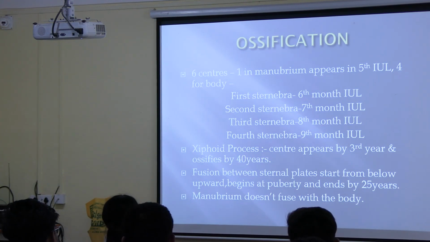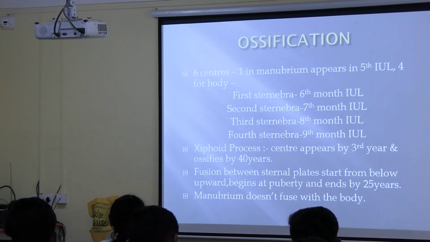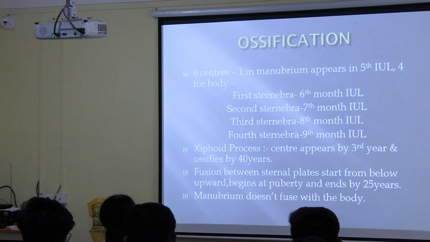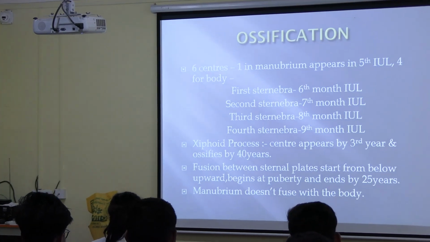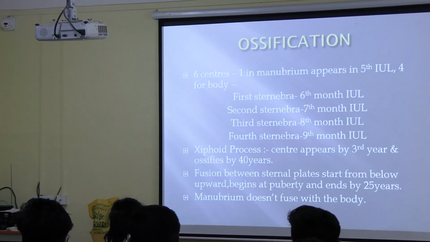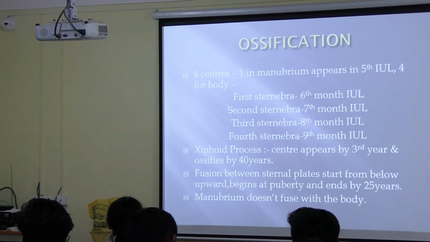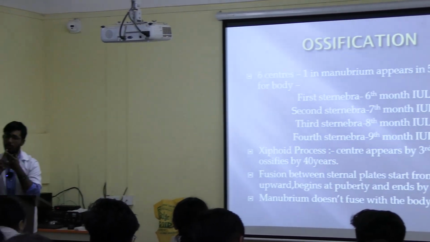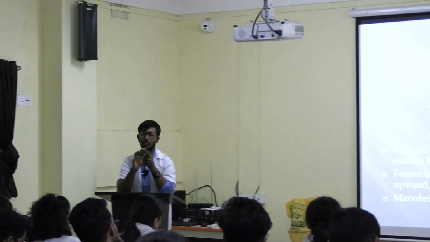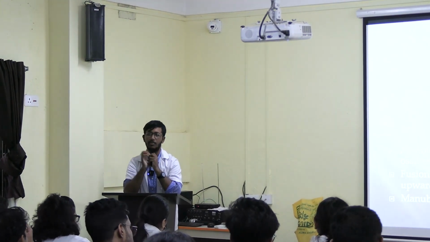After the baby is born, almost all parts of the sternum get ossified by puberty. But the center first appears in the manubrium sterni in the 5th month of intrauterine life, that is in the mother's womb only. Usually there are 2 to 3 primary centers in the manubrium sterni.